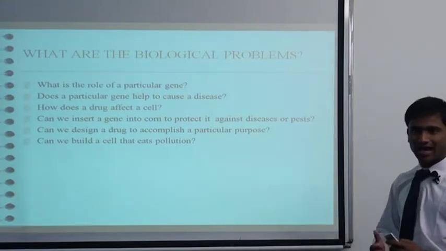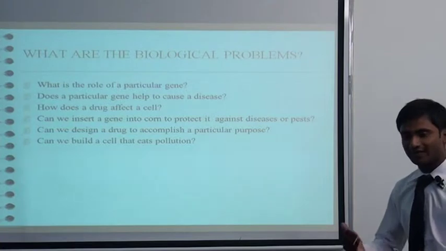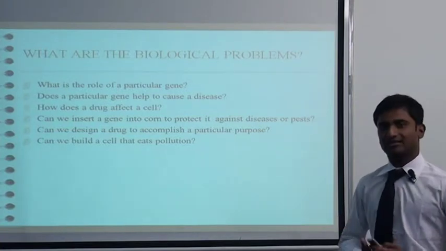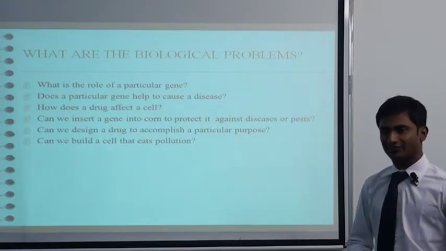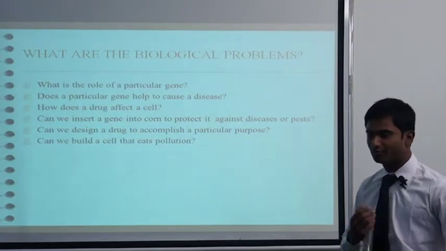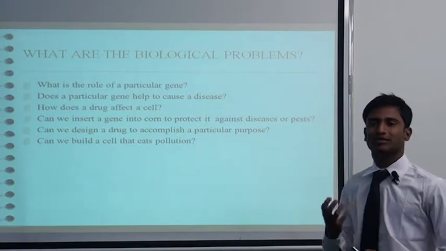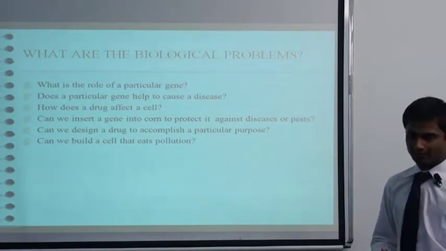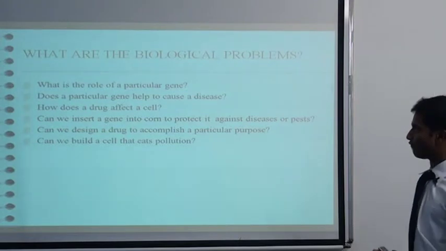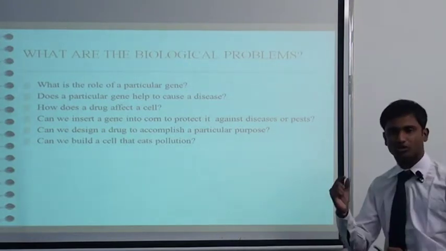Now, what are the biological problems? If we are doing any type of work, we will face some type of problems. In a similar way in the biotechnology field, when scientists try to get new information or develop new things, they face a lot of problems. Problems like, first of all, what is the role of a particular gene?